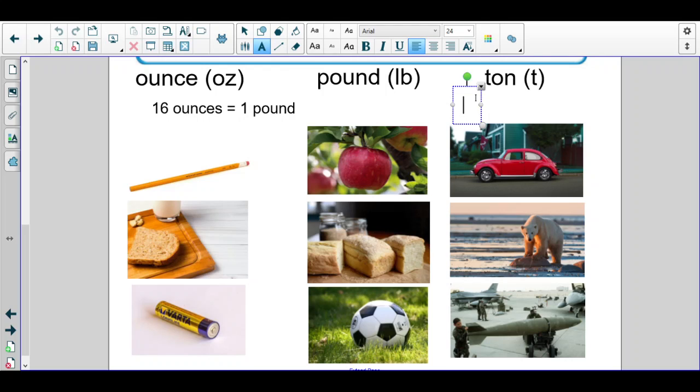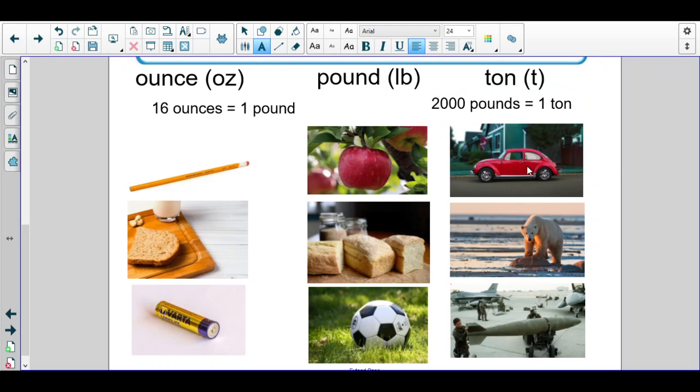So, in terms of conversion, all right, 2,000 pounds is equal to 1 ton. 2,000 pounds is equal to 1 ton.